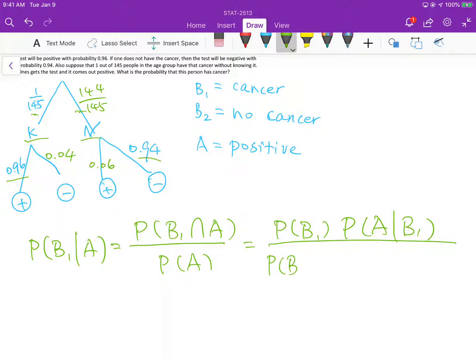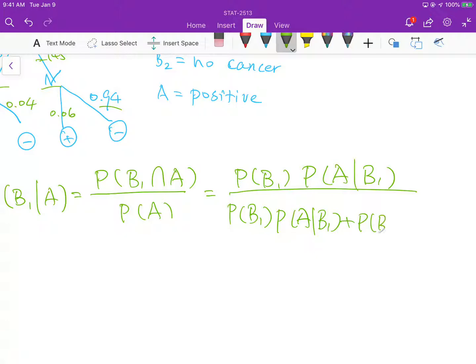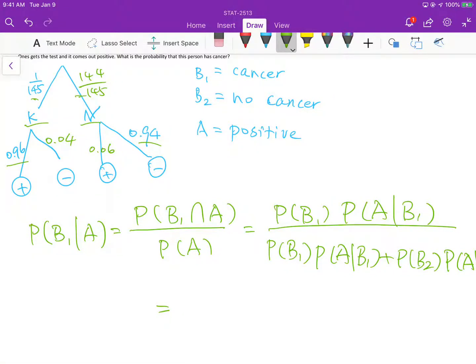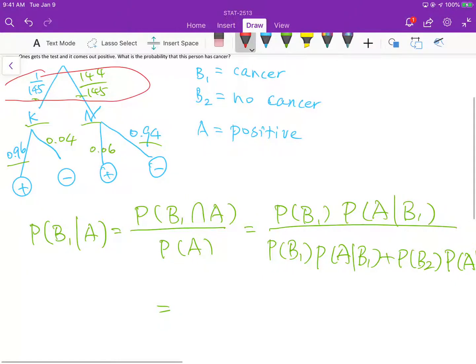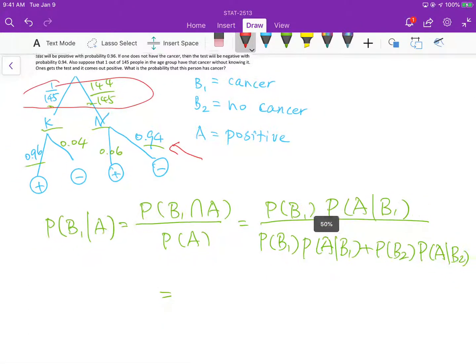So this is probability of B1 times probability of A given B1 plus probability of B2 times probability of A given B2, right? For each of these probabilities, we have already identified the value in the diagram. For example, these two are just P1 and P2, and the values at this level are just the conditional probabilities. So we just plug in the values.